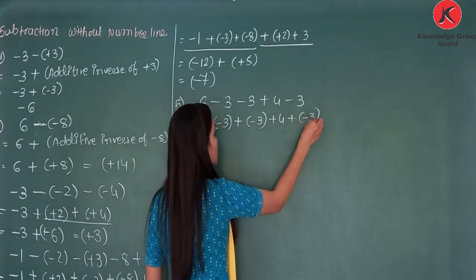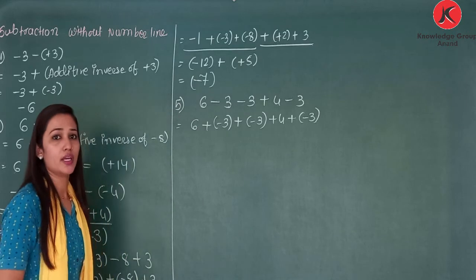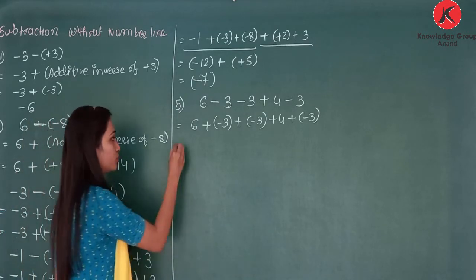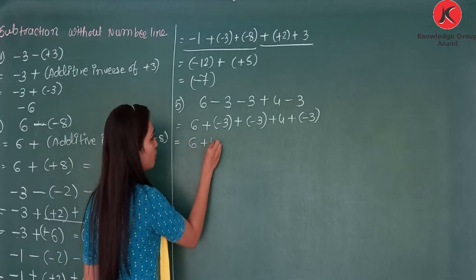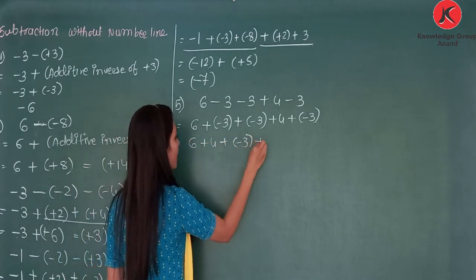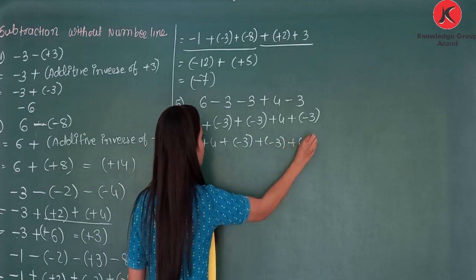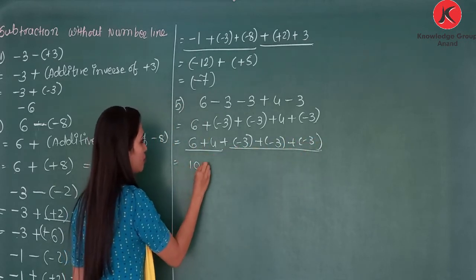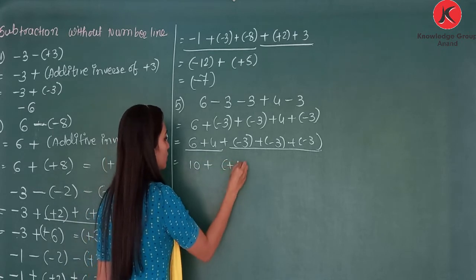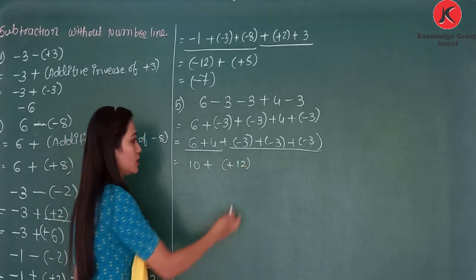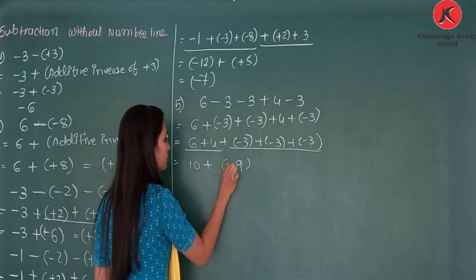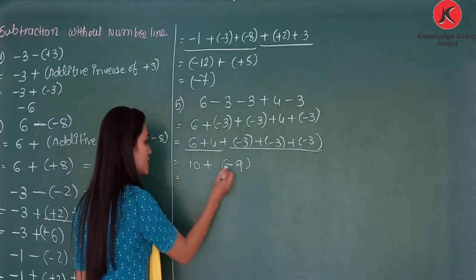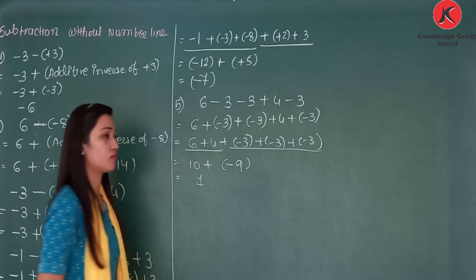Now we change all negative sign into addition by writing the additive inverse of next number. 6 plus 4 minus 3 plus -3 plus -3. So these 3 are negative, these 2 are positive. 3 plus 3 is 6, plus 3 is 9, so it is -9. Plus 10 minus 9 is 1.